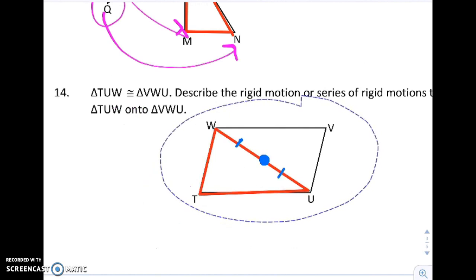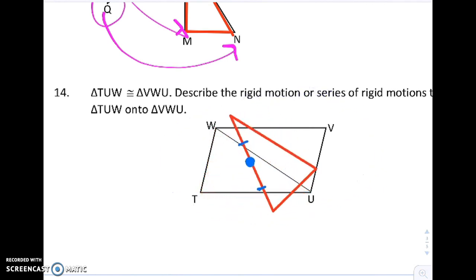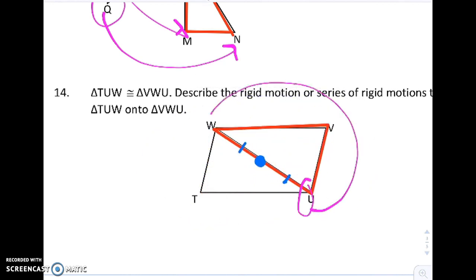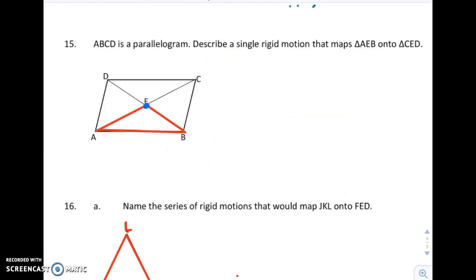Remember this from yesterday, there are several ways to do this, and some of you found wild and crazy 2- and 3-step ways to do it, which is fine. There is a way to do it with 1 step, and that is to rotate triangle TUW about the midpoint of WU, which I have marked, such that U maps onto W, or such that V maps onto T. And try this one a little bit more on your own.